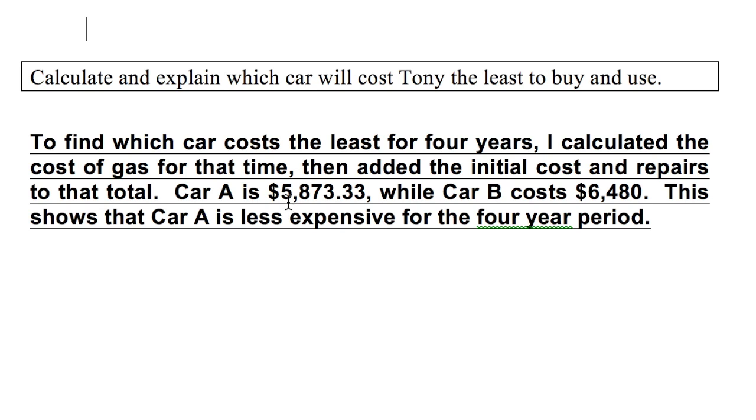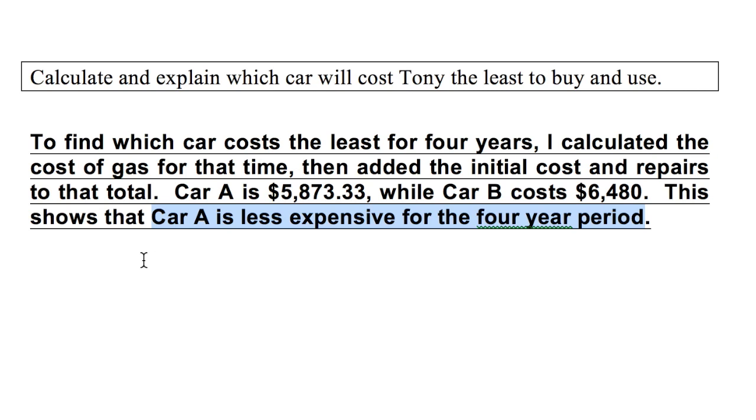Car A is $5,873.33, while Car B costs $6,480. This shows that Car A is less expensive for the 4-year period. Notice we've written out our sentences in the blanks to prove what we found with the math. So yes, writing and math come together, and it's a beautiful thing.